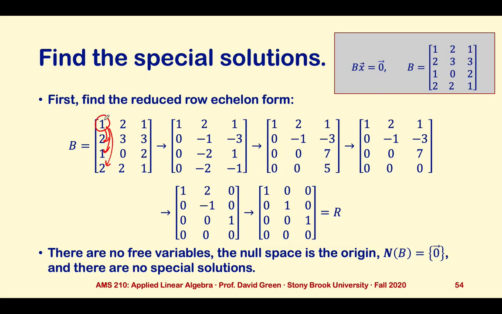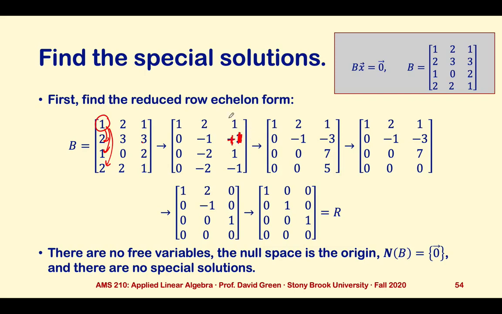2 minus 1 is 0. 2 minus 2 is 0. 3 minus 4 is negative 1. Apologies, there is an error here. 3 minus 2 should be plus 1.